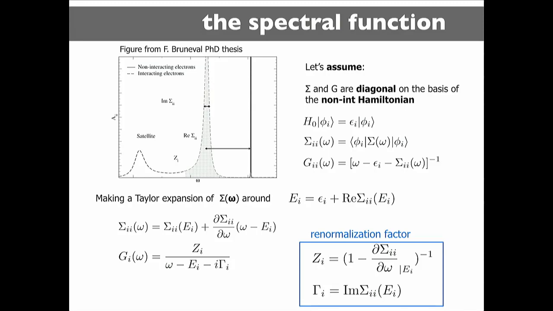Okay, so the imaginary part of the self-energy has a role, has a meaning, that is the broadening of the spectral features we get into the calculation. And then we have something that is also interesting and natively many-body, a renormalization factor. So this is not one. This renormalization factor deals with the derivative of the self-energy with respect to the frequency, so it's related to the frequency dependency of the self-energy.